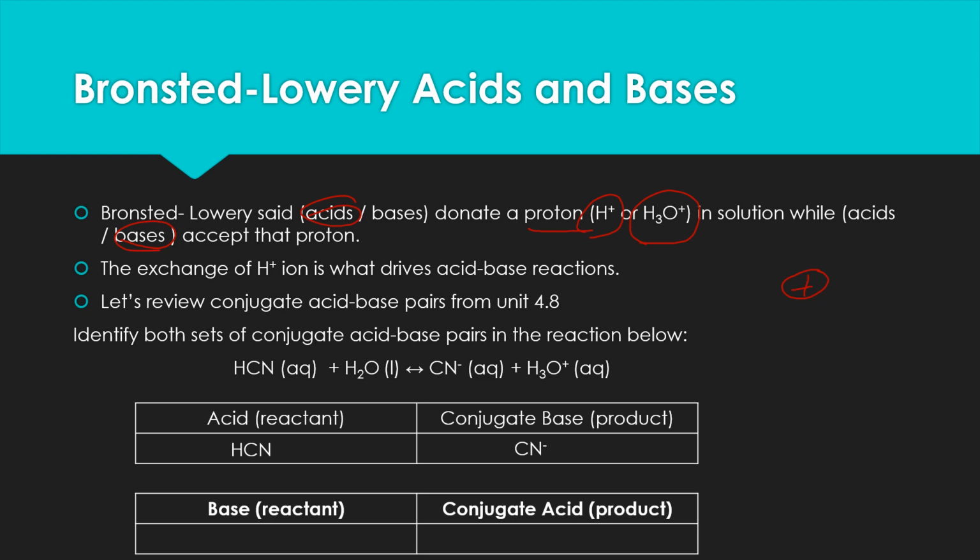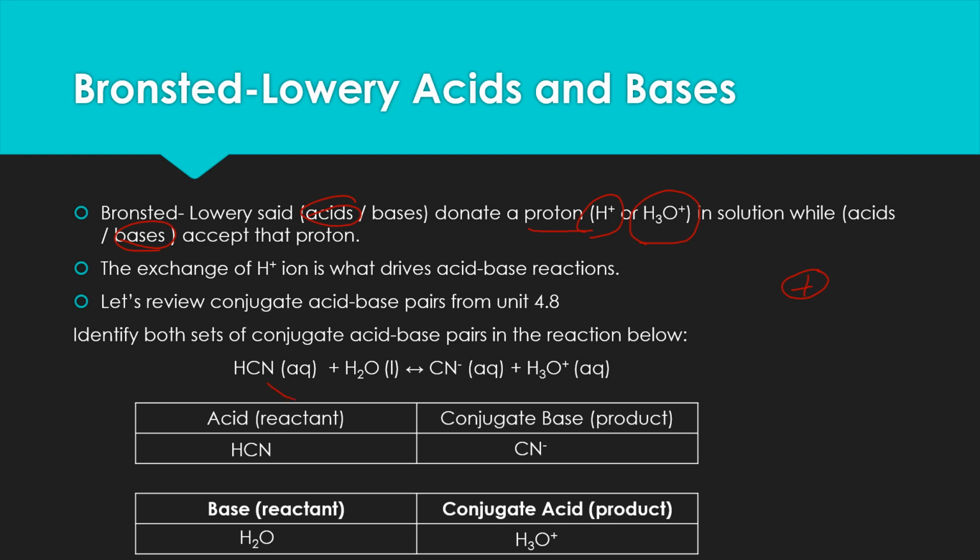So what about the base? Well, the base is the thing that is taking the hydrogen. So if we look at our reaction, the other reactant is liquid water, and so that has to be our base. And what it becomes is H3O+, also called the hydronium ion. So it took that hydrogen that HCN had and gained it and became H3O+.